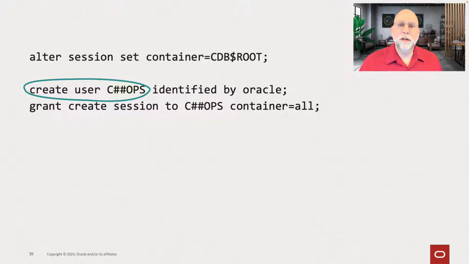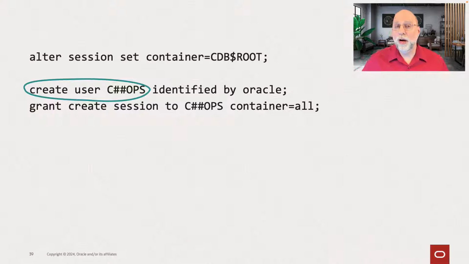We're going to connect to the CDB root, and if you're going to create a common object, you have to be connected to the CDB root. And we create a user with this funny C## prefix. That prefix makes that user a common user, which means it would be available throughout all of the containers. Now, we've just created that user, so they don't have any privileges per se, but they would exist in all of the containers.